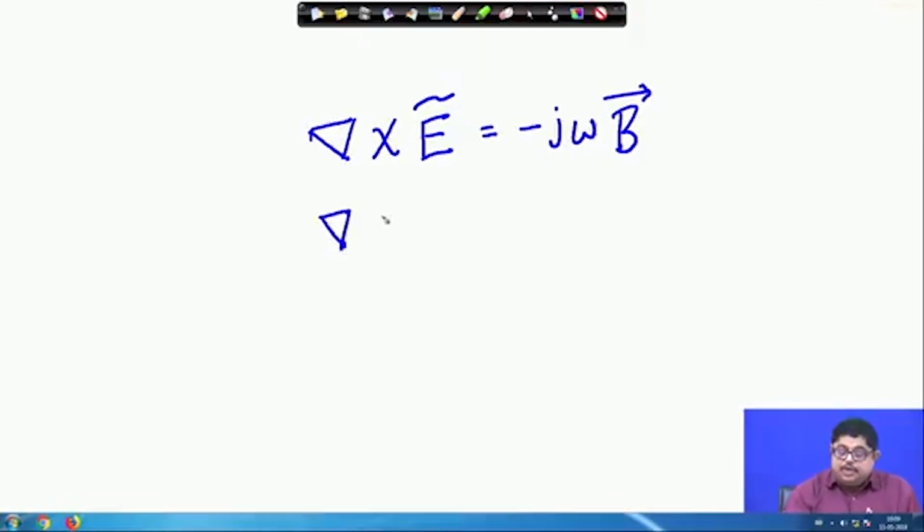Then we know the curl of the magnetic field, and this is phasor.